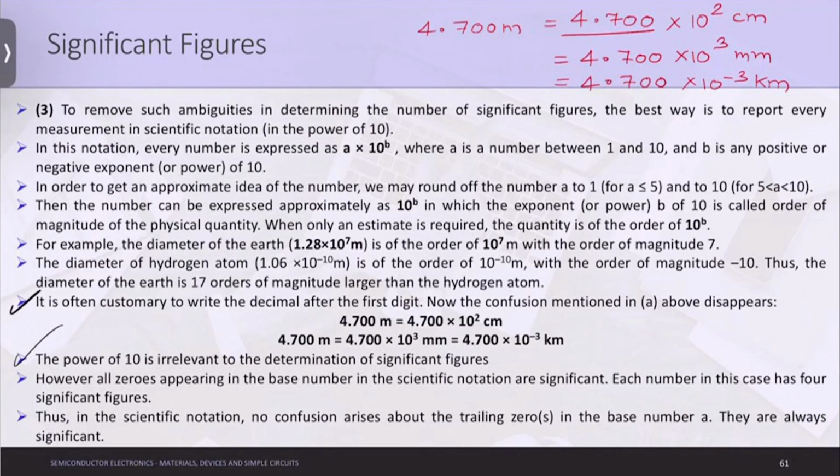First of all, you should remember that this time the significant figures is not based upon the trailing zero, because the resolution of that device is till 4 significant figures, or till 0.0001, 0.001. Hence, this time the number of significant figures will be 4. Thus, in the scientific notation, no confusion arises about the trailing zeros in the base number A. They are always significant.